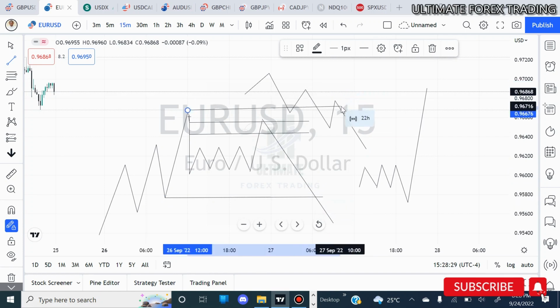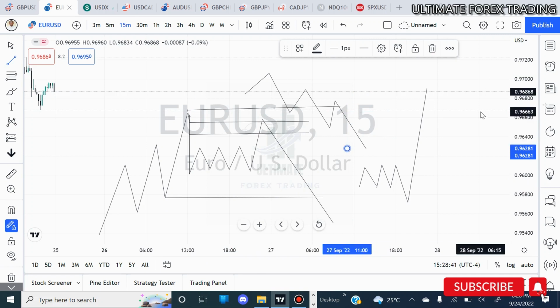If you are doing short-term trading, you make use of your weekly range.